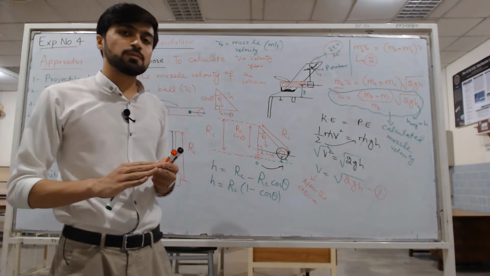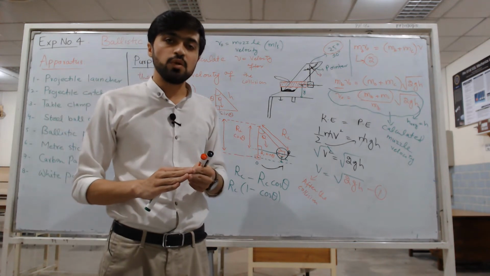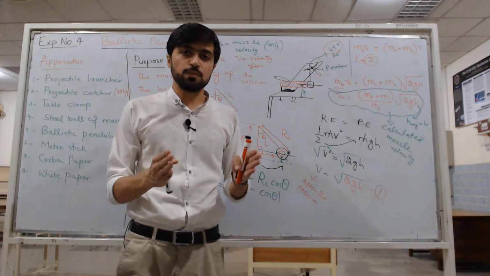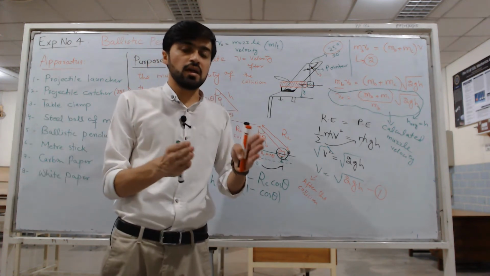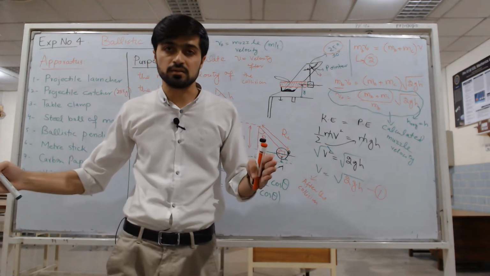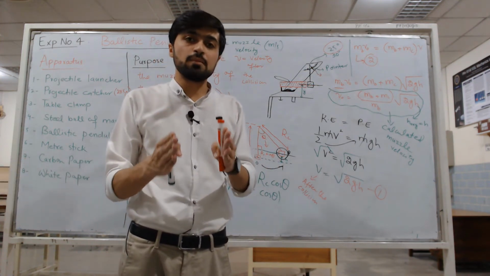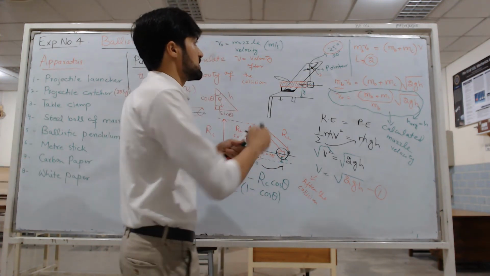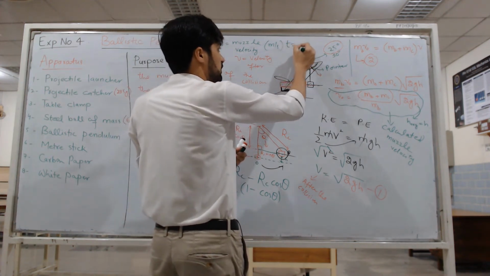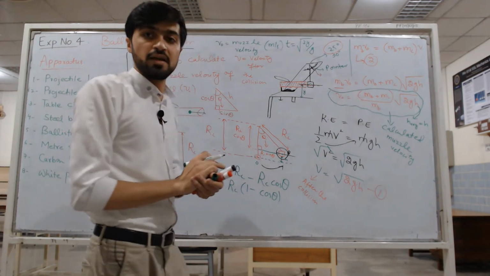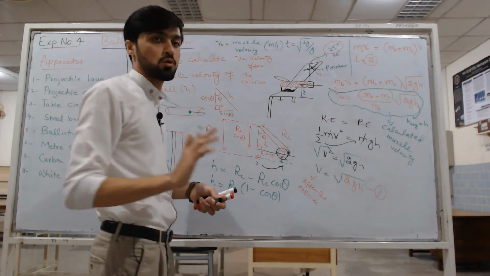In our previous projectile launcher experiment, we calculated the horizontal distance, x average, the total average distance. By dividing that average distance by the time of flight, which we calculated using t equal to the square root of 2y by g, in the first experiment, experiment number 1.